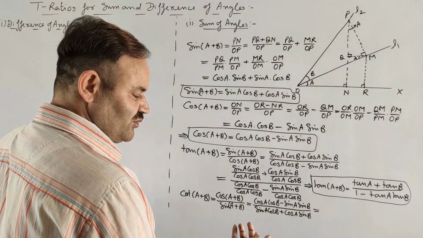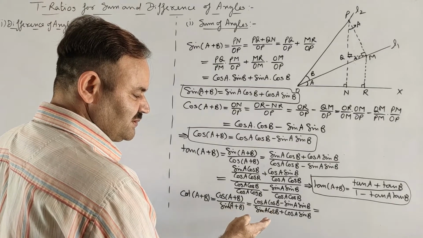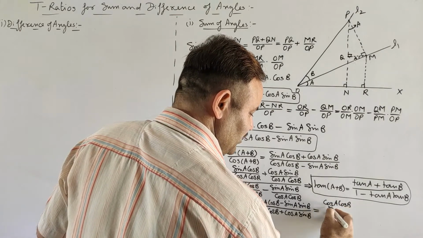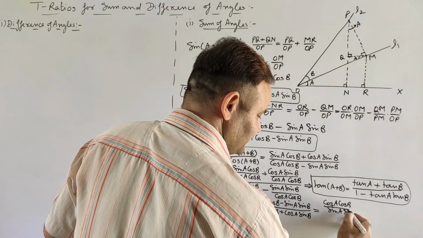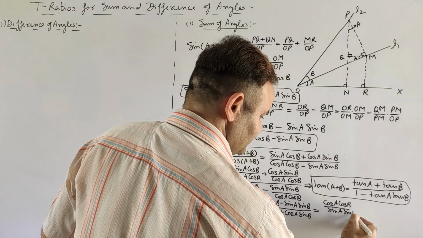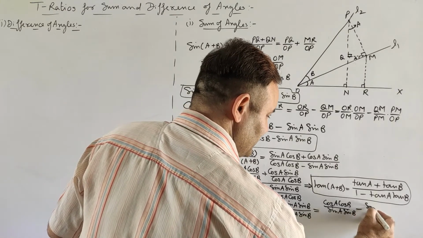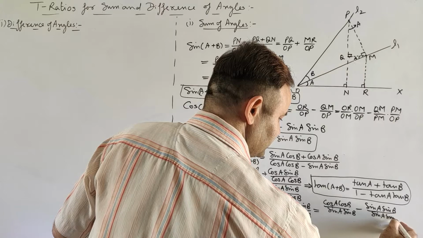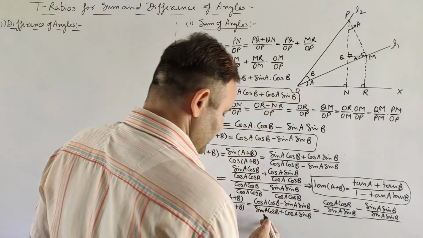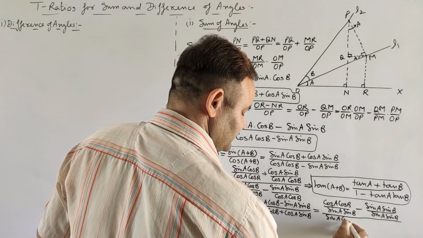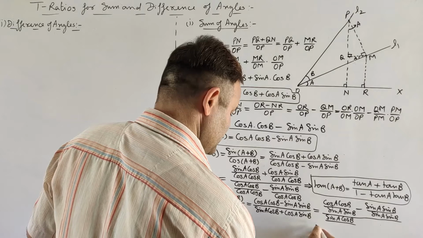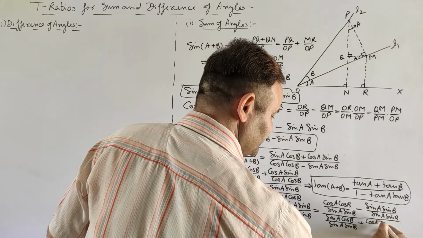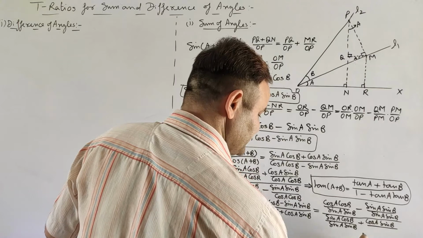So cos upon sin is cot, so we will divide numerator and denominator both by sin A sin B, and this time we will get cos A cos B upon sin A sin B minus sin A sin B upon sin A sin B divided by sin A cos B upon sin A sin B plus cos A sin B upon sin A sin B.